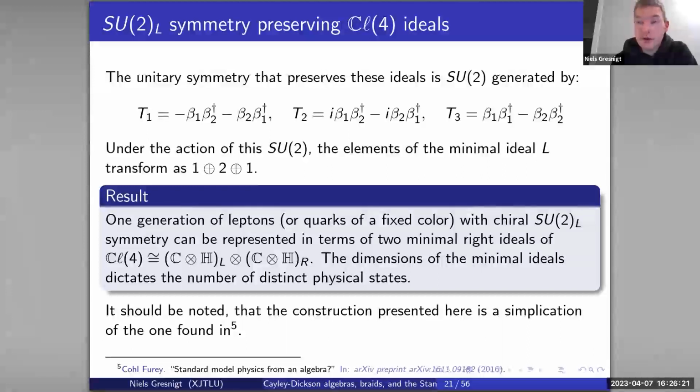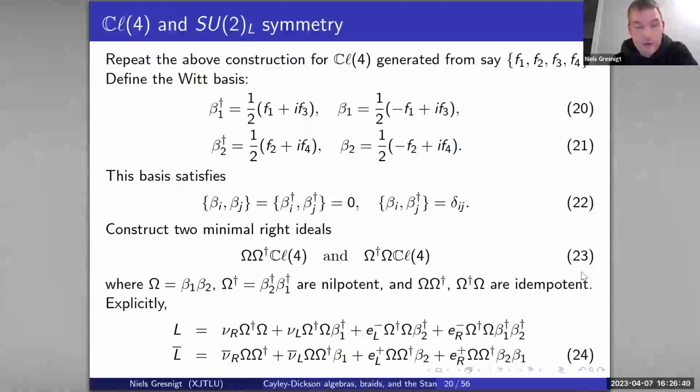And actually, you can also introduce a U1 symmetry as well, which seems to give you the hypercharge. But here, let's focus on the SU2 symmetry. And under the action of this SU2, you find that the elements of the ideal transform as 1 doublet and 2 singlets. And so again, that justifies the complex coefficients here, how we have labeled them.